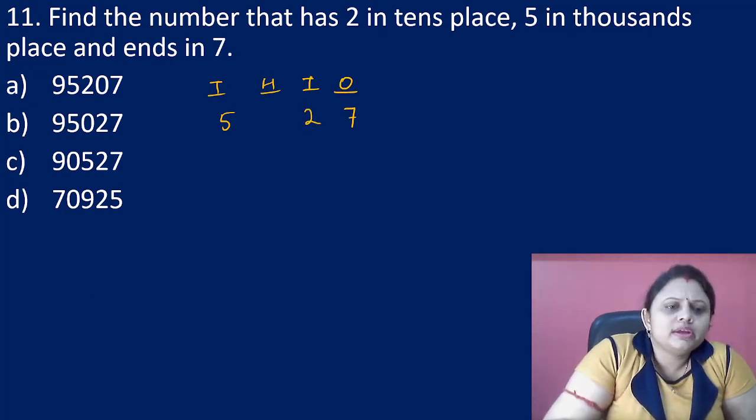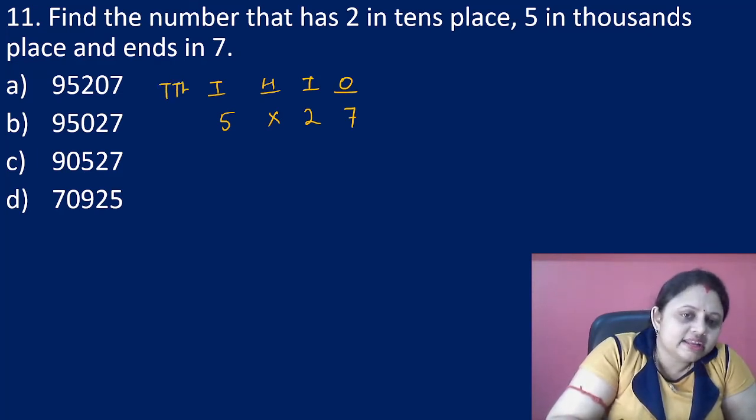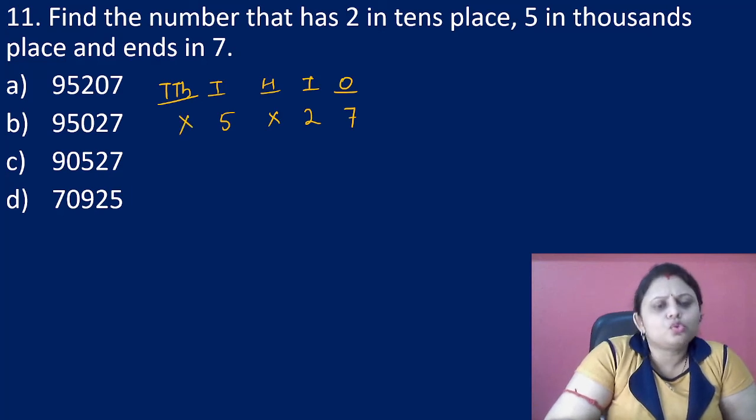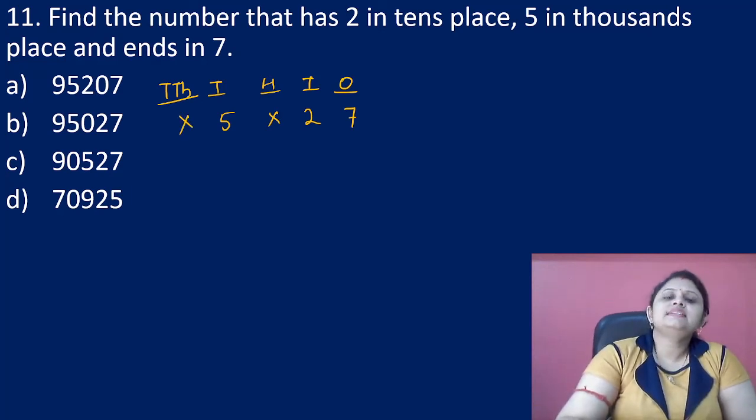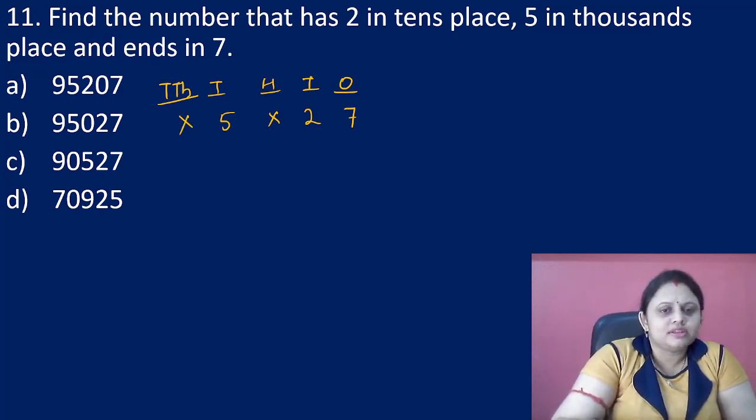Okay, we know that in the thousand place 5 will be there, tens place 2 will be there, and ones place 7 will be there. But we don't know the exact digit that is present in the 100 place, and also the 10,000 place. So this is the clue: 5 in thousands, and finally 2 7.